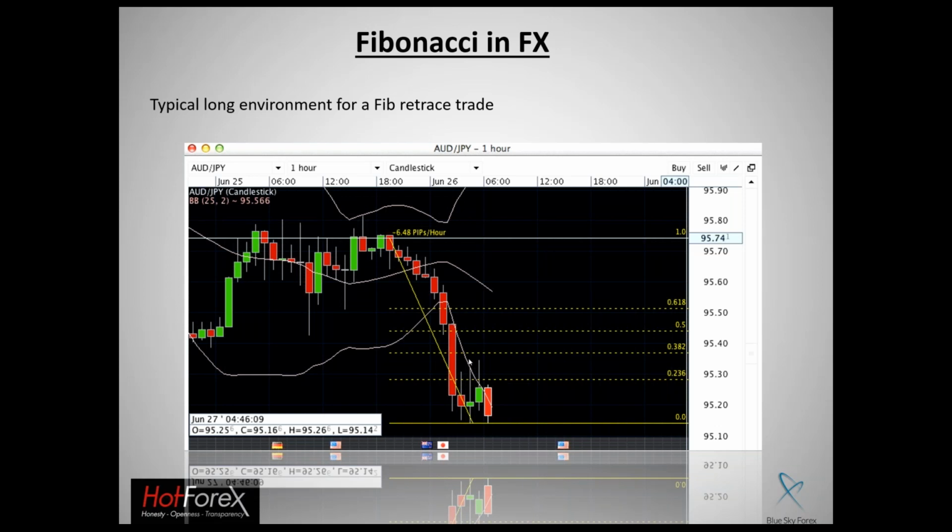This is another trading opportunity you can practice, although it is a bit more risky.